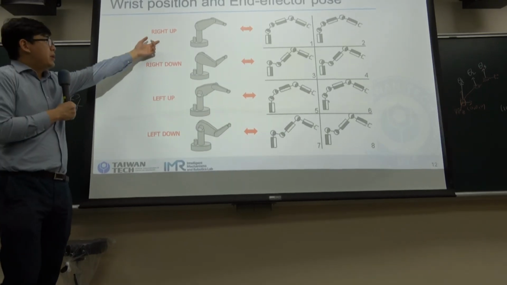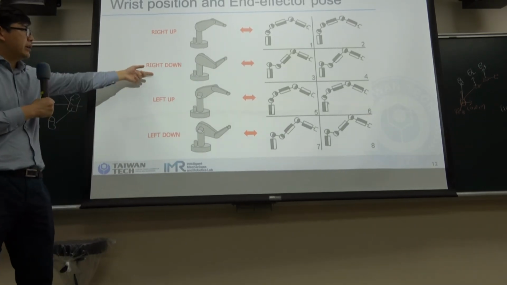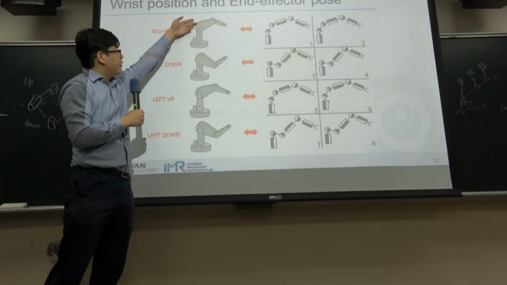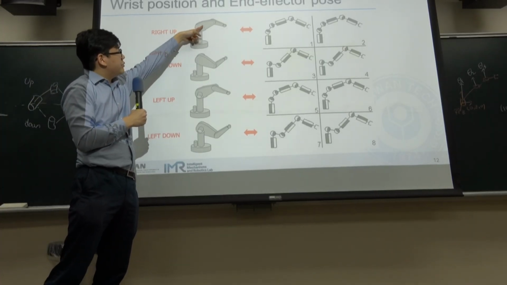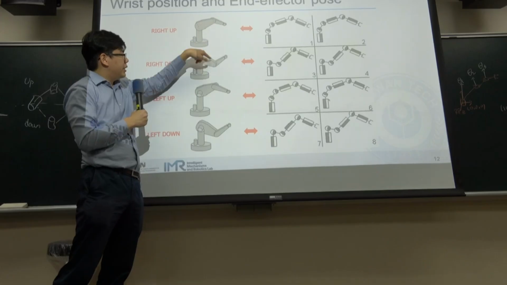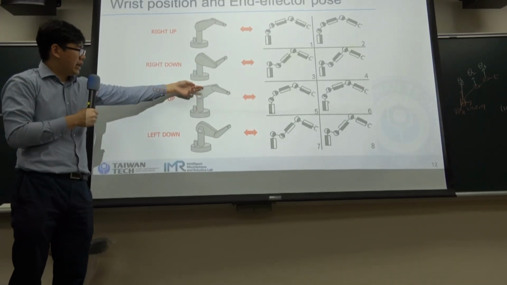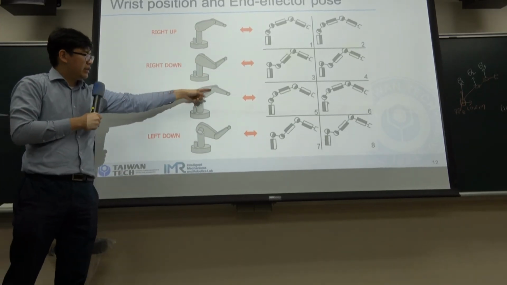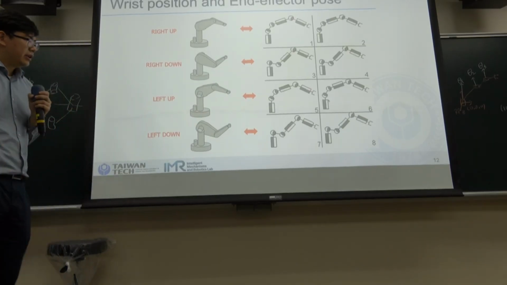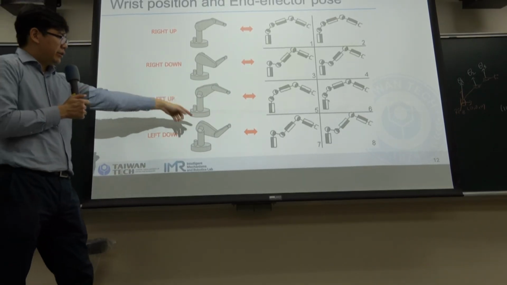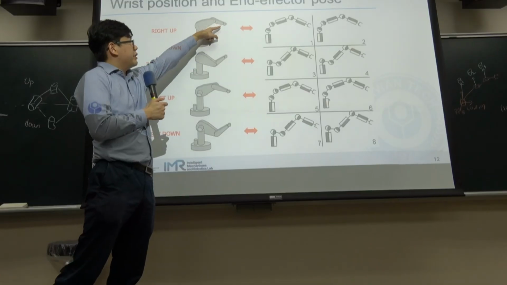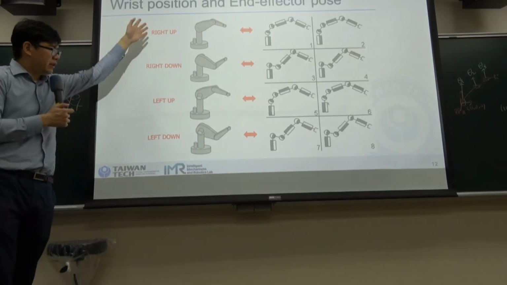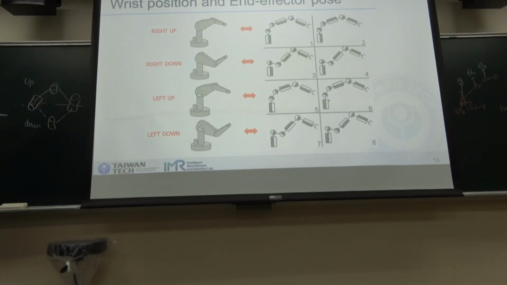So this is right up and right down. If the arm is in front, it means right, and this is up and down. And when the arm is behind, it's left, and this is up and down. So through the same configuration of the end effector, we can have 4 different solutions for inverse kinematics.